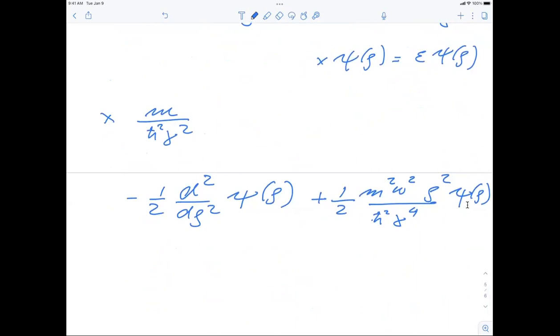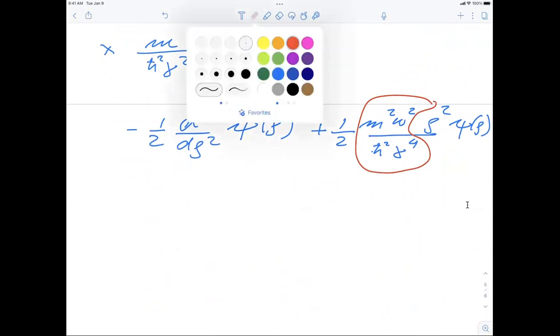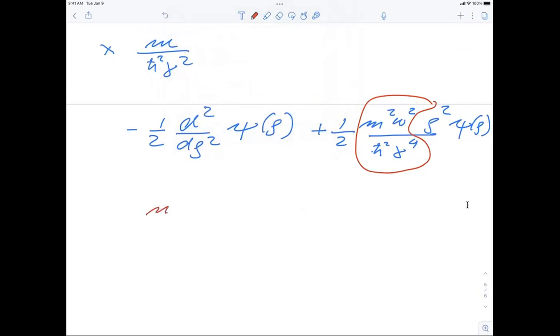Okay, so what I do next is simply to require, when I look at these parameters which I have here, since these are all parameters, I can choose this gamma as I want. I'm going to choose this gamma so that m squared times omega squared over h bar squared gamma to the power of 4 is equal to 1.